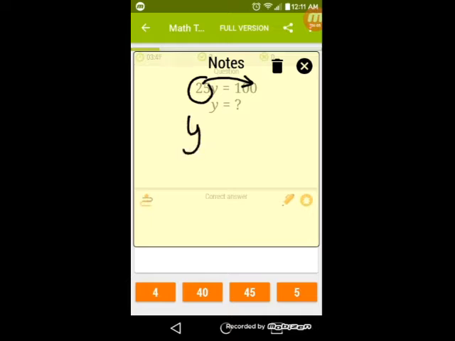So now you have y on this side is equal to 100 divided by 25. 100 divided by 25, that's a fairly simple division, because 25 times 4 is equal to 100. So 100 divided by 25 is equal to 4.